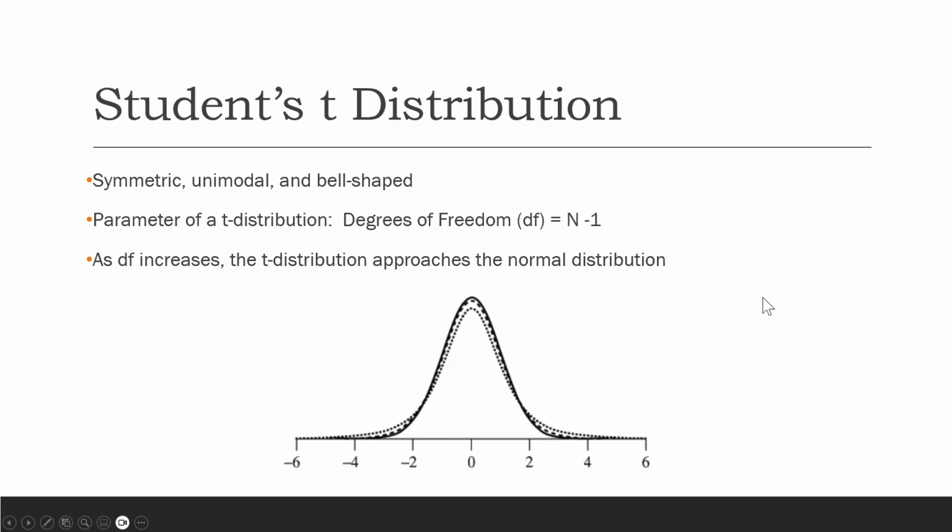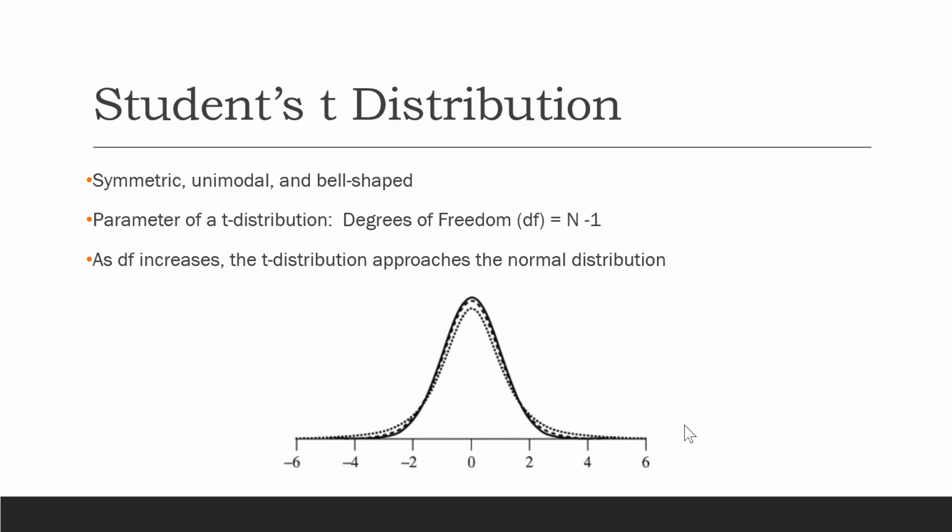For you math folks, the limit as n goes to infinity, it doesn't even have to be that big. After you get to about 30 or 40 or 50, after a certain number of decimal places, the normal distribution and the t distribution are going to give you basically the same values in terms of finding areas under the curve.